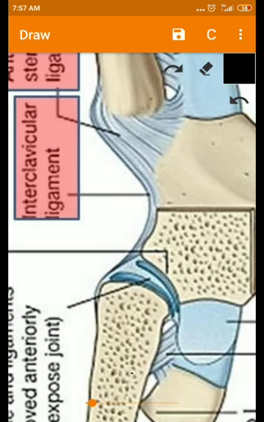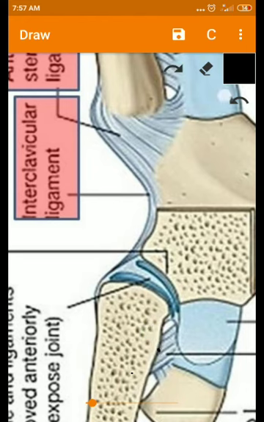I'll explain again. The anterior fibers of the costoclavicular ligament run upwards and laterally. The posterior fibers of the costoclavicular ligament move upwards and medially.